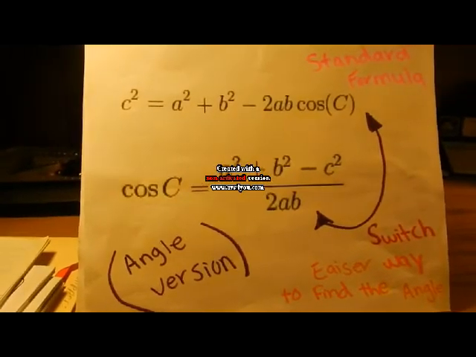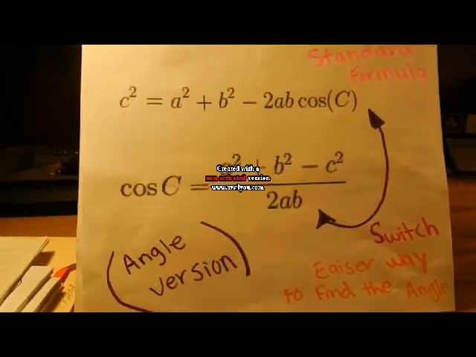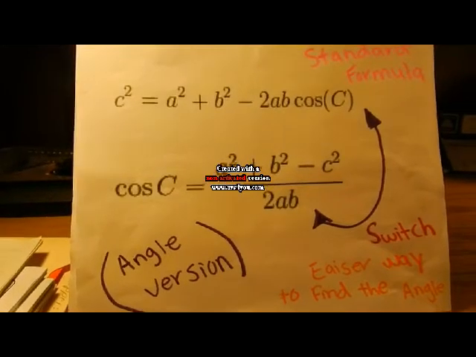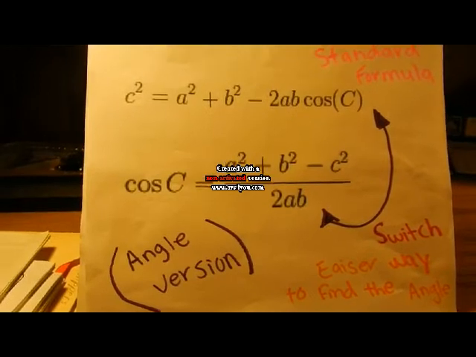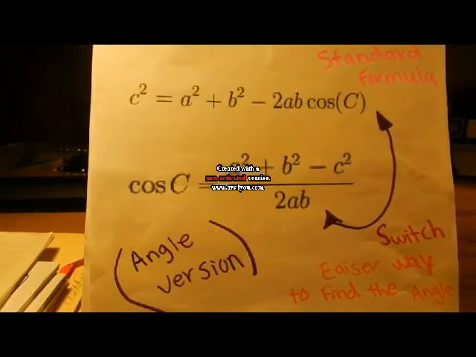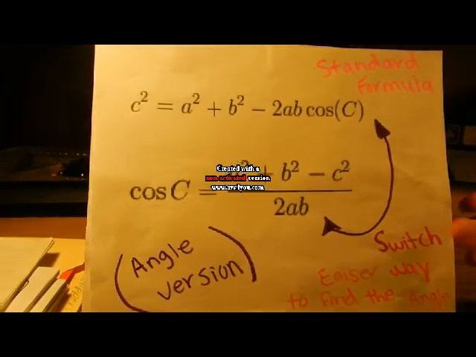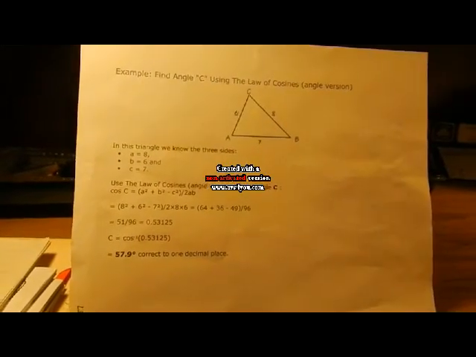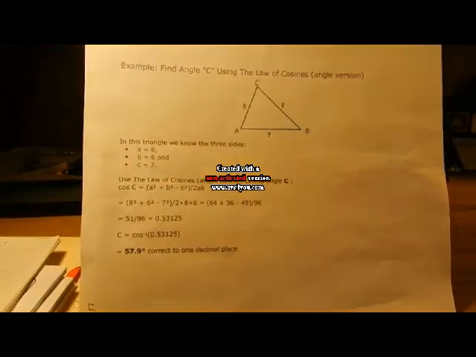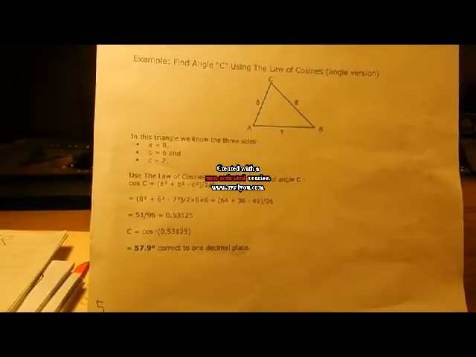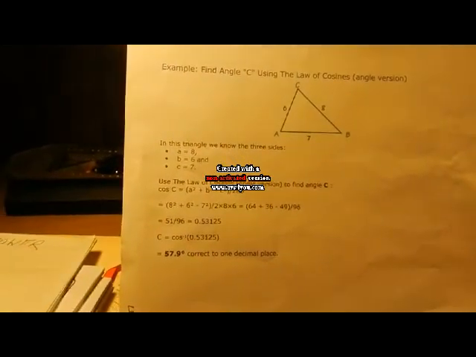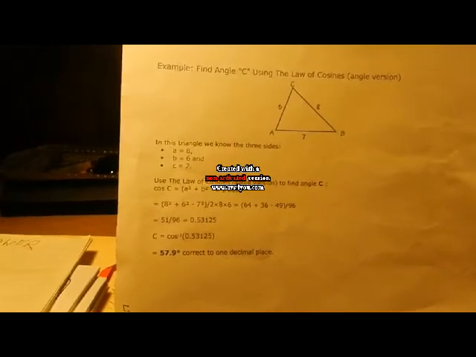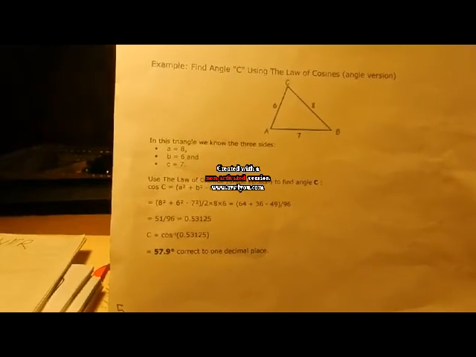We can also use this to find angles, but you can take the standard formula and convert it into the angle version, which will make it easier to find the angle. It goes into cos C = (a² + b² - c²) / 2ab. Here's the next problem. Example, find angle C using the law of cosines, angle version. We know each side, use the law of cosine to find it, which is cos C = (a² + b² - c²) / 2ab.